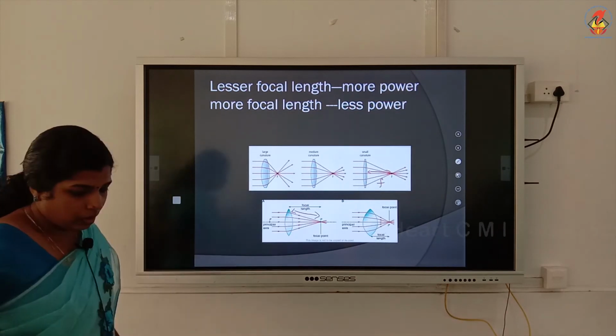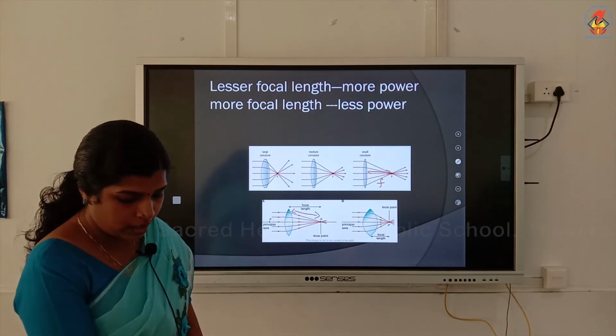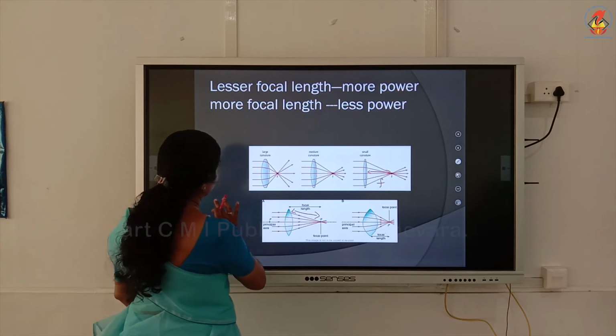Now, we need to find the power of a concave lens of focal length 2 meter. That is a question.